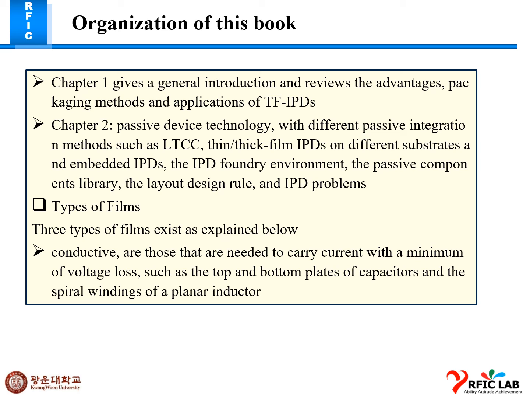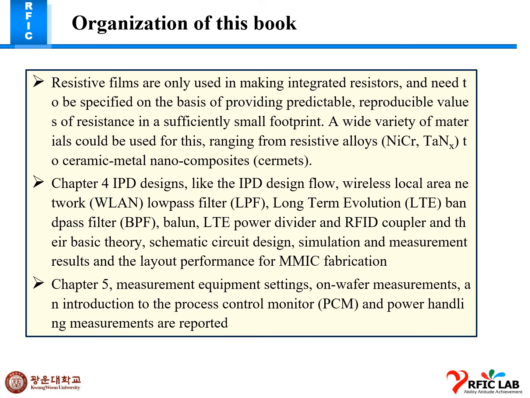Types of films. There are three types of films, as explained below. Conductive films are those that are needed to carry current with minimum voltage loss, such as the top and the bottom plates of capacitors and the spiral winding of the planar inductor.